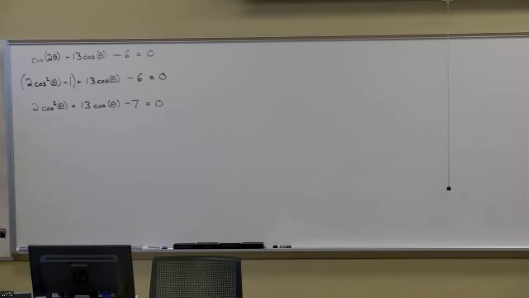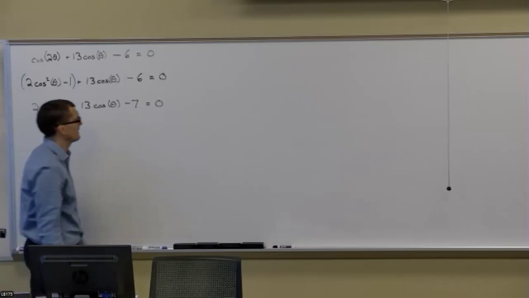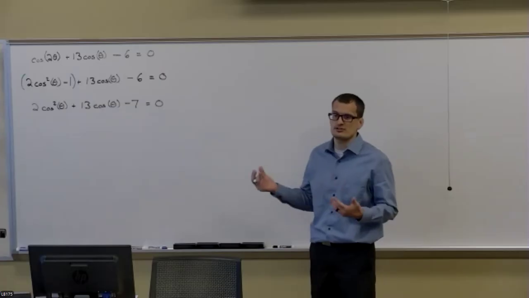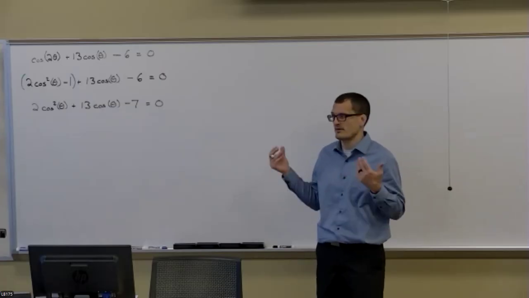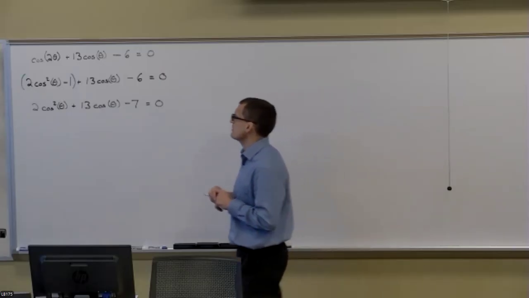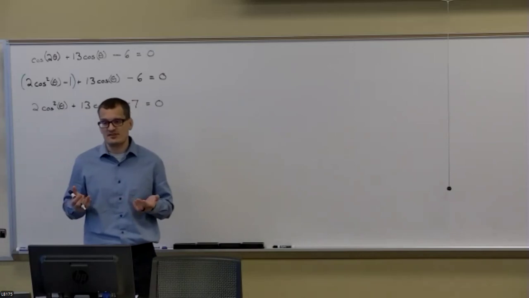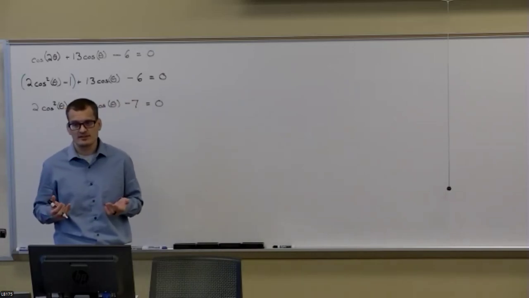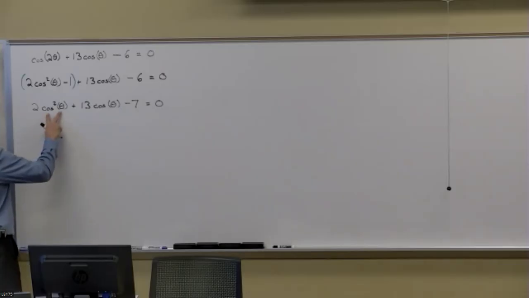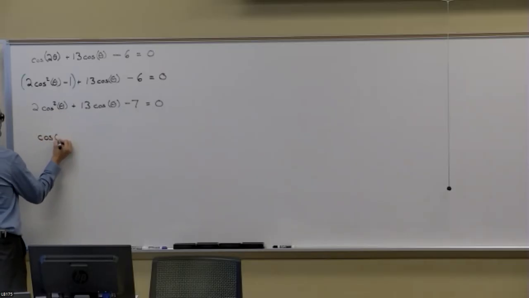Let me take a second and think about how that would factor. If it didn't factor, I'd just use the quadratic formula. So let's pretend I didn't see that it factored. Cosine of theta, I'm treating like my variable.